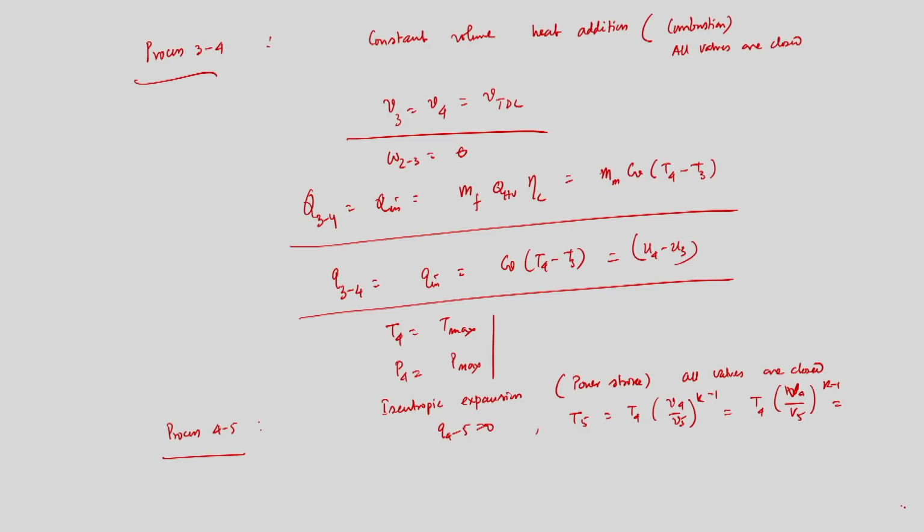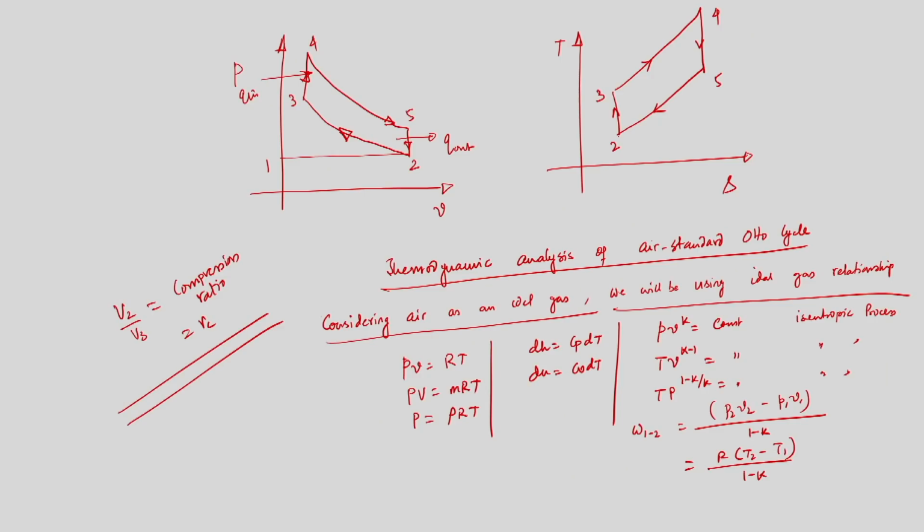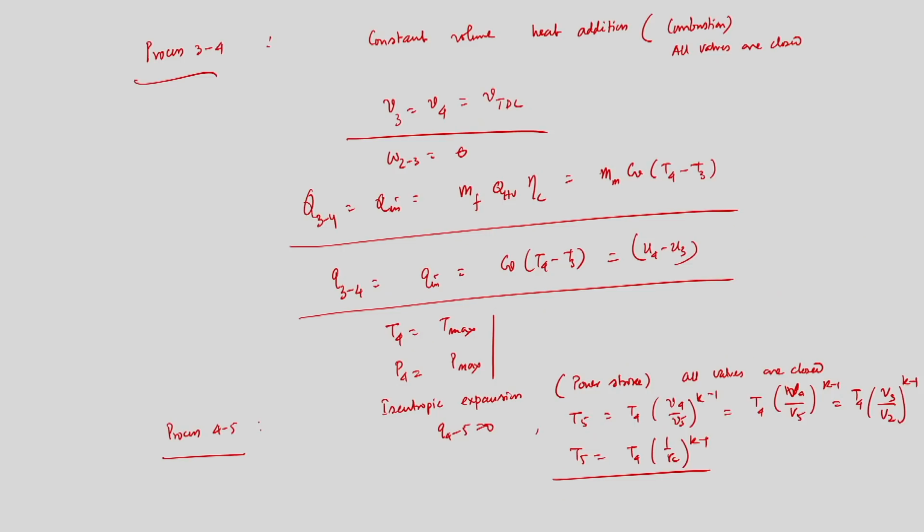So, I can write T4 into V3 by V2 to the power k minus 1. So, that T5 equal to T4 into 1 by RC to the power k minus 1, because V2 by V3 is equal to RC, that is what we have written. So, now this is the temperature at the end of the expansion stroke, power stroke.